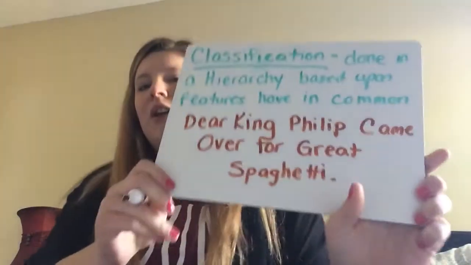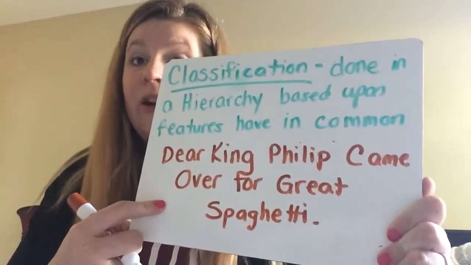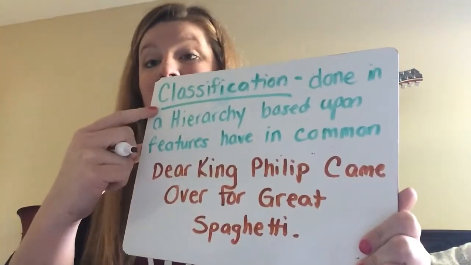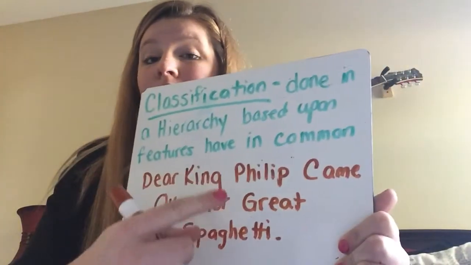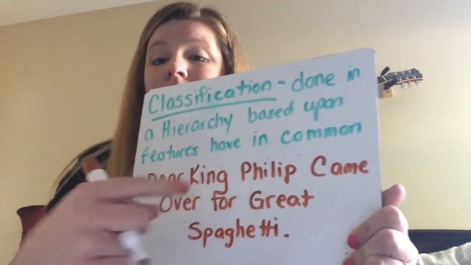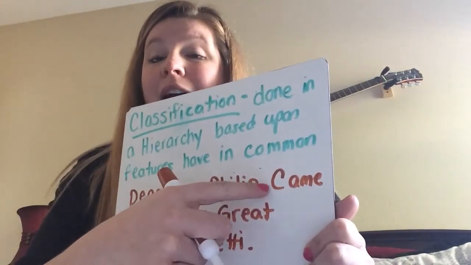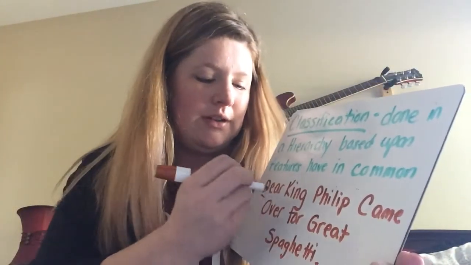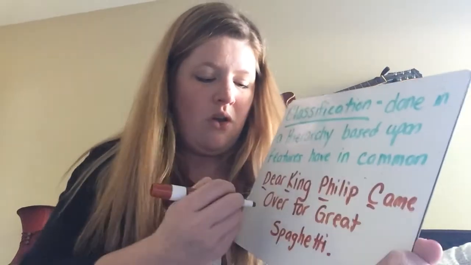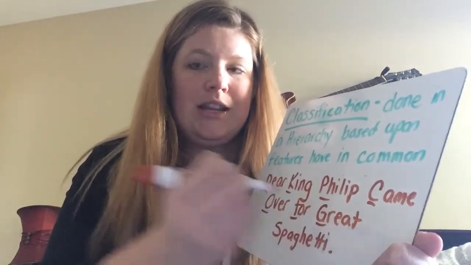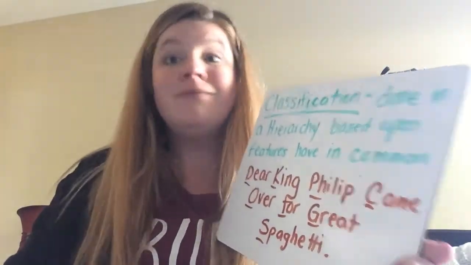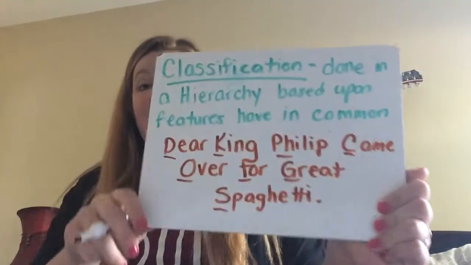And it's so crazy how our minds work in this way, but this is what helps you remember the order of the classification of living things. Dear King Philip came over for great spaghetti. Domain, kingdom, phylum, class. Remember, it's the first letter. Order, family, genus, species. Bam! Probably just blowing your mind.